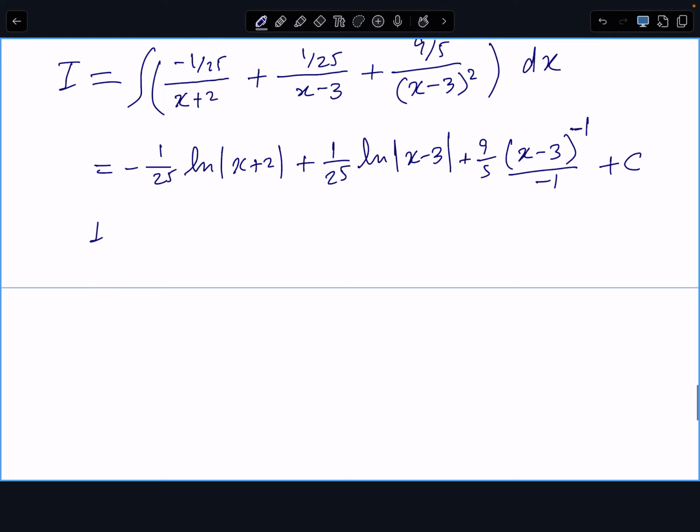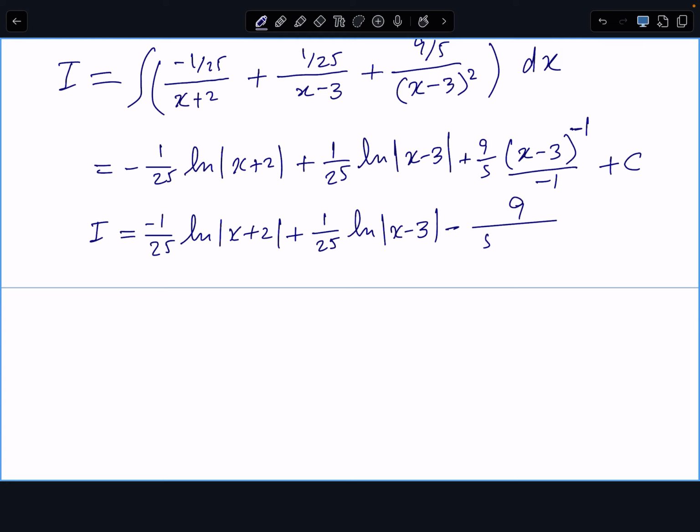And now we're going to say I equals minus 1 over 25 ln of x plus 2 plus 1 over 25 ln of x minus 3, minus, because there is a minus sign downstairs here. Okay? Minus 9 over 5, nine over 5, and this one has a negative power, goes down and becomes positive.